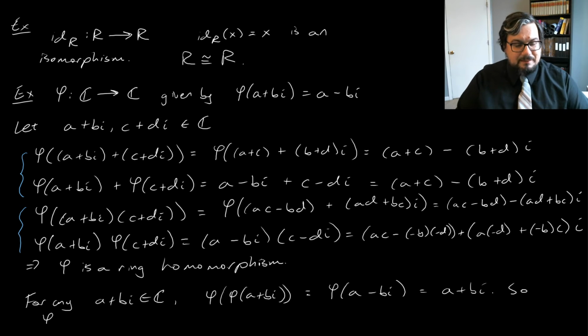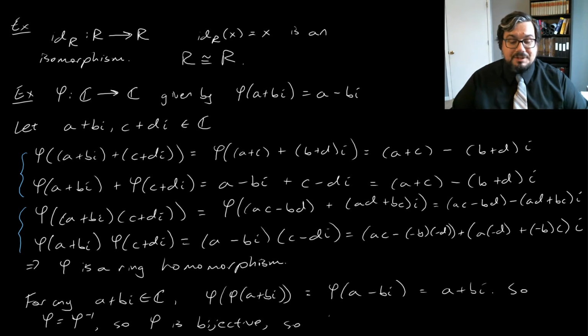So that means that phi is equal to its own inverse. So, in fact, phi is bijective. And since it's a bijective homomorphism, phi is an isomorphism.